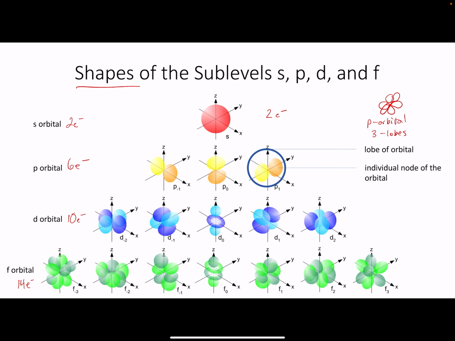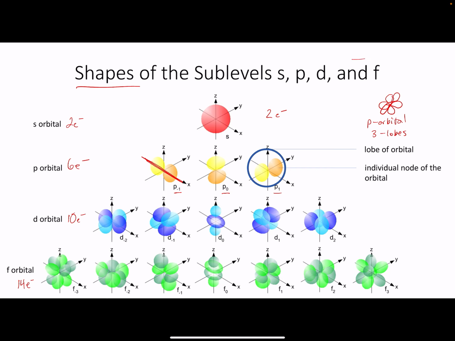And these are what get added up to determine how many electrons an energy level can hold altogether. So if you look at this, what does the numbering represent? You can see -1, 0, and +1. For the p orbital, if the lobe is lying on the x plane, we don't write x for the number.